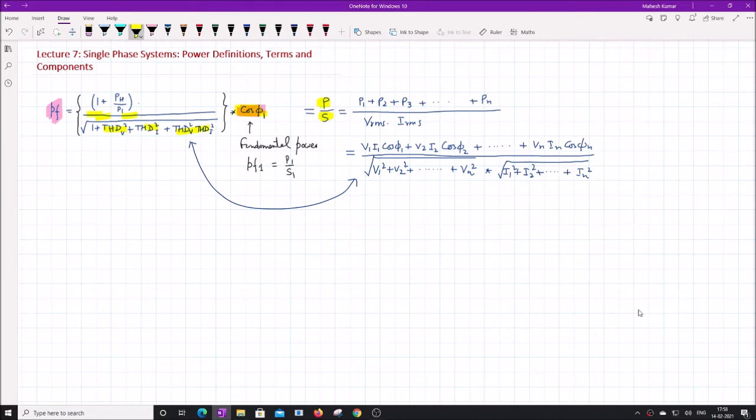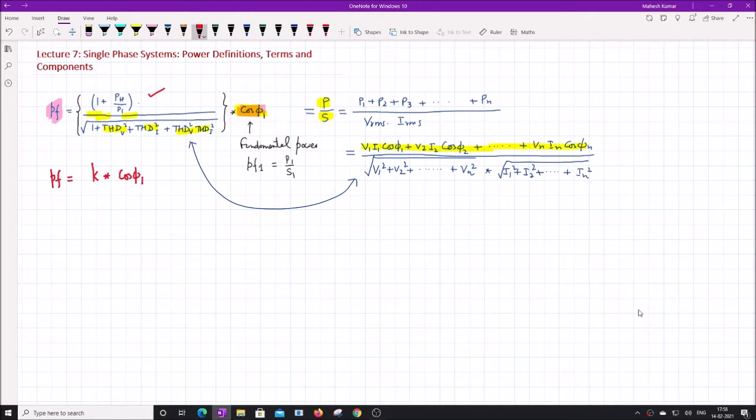Why are we going to this expression? Maybe we want to understand the value of this factor. Basically, we want to see that this power factor is, let us say, some factor k into cos phi 1.